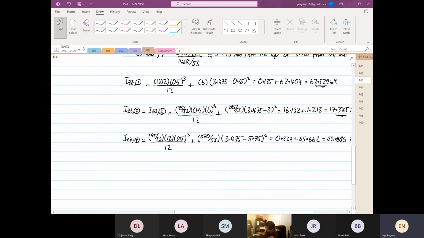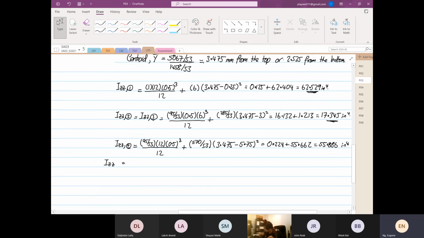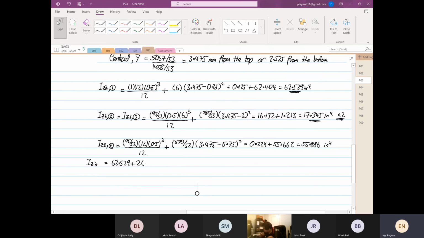Okay. So on that, we can calculate our IZZ, right? So IZZ for everything is equal to IZZ1, which is 62.529, plus twice of 17.345, and then plus 55.886.